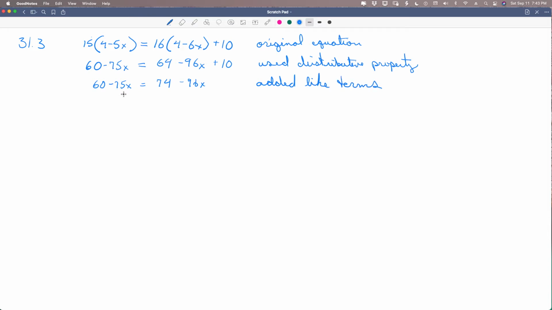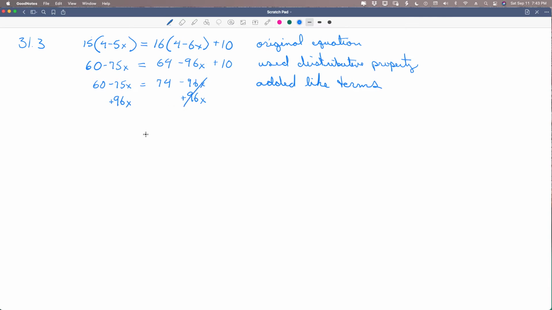Okay. Now we are going to swim our fish, and we're going to get rid of 96x from this side. And in order to do that, we have to add it, because that's the opposite of the sign here. And because it's an equation, we have to do the same thing to both sides to keep the equation true. Okay, so this becomes 0.